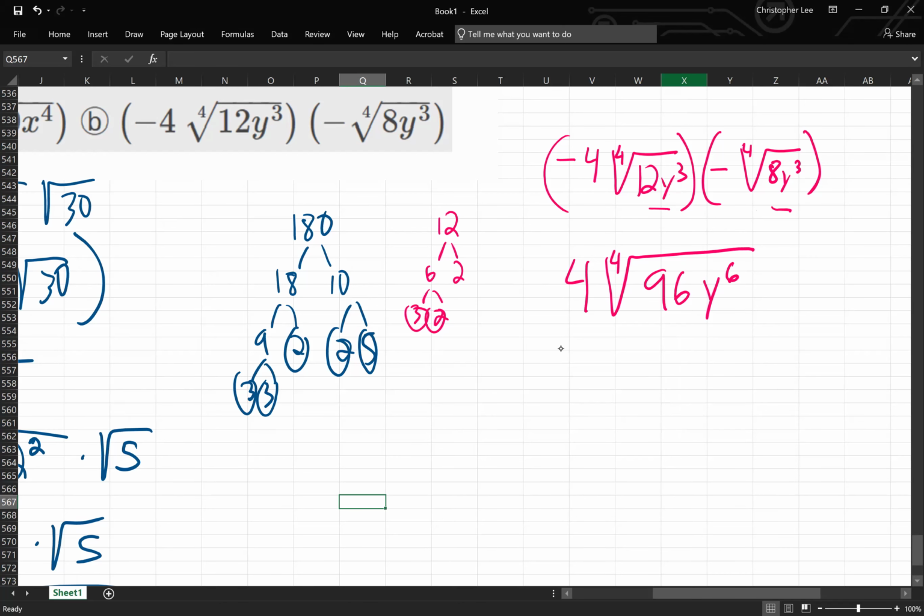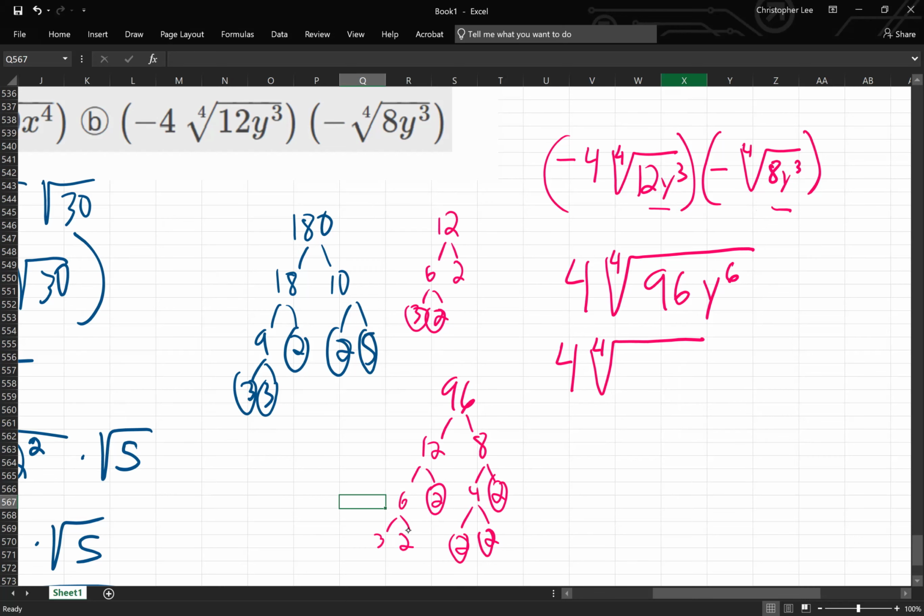Now let's see if I can simplify this. This is going to be 4, fourth root of 96. This is 12 and 8. This is 4 and 2, 2 and 2, 2 and 6, 3 and 2. I have 1, 2, 3, 4, 5 twos and a 3.